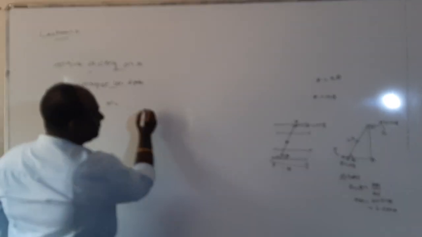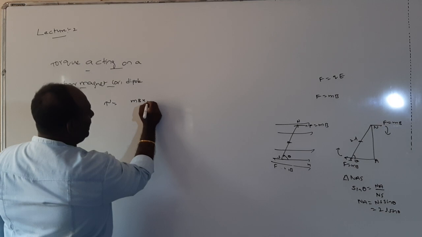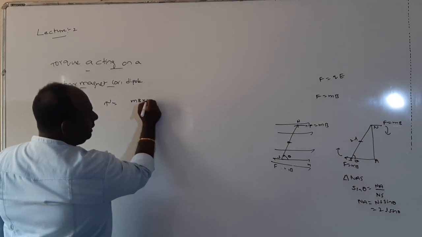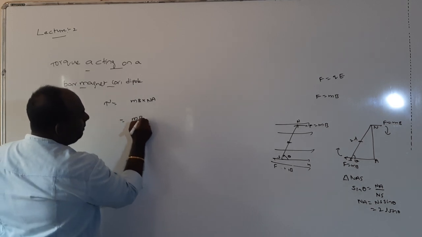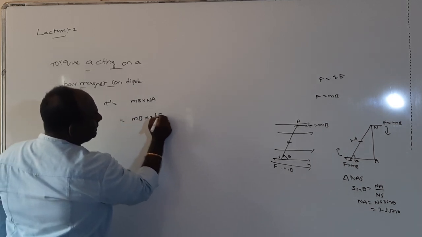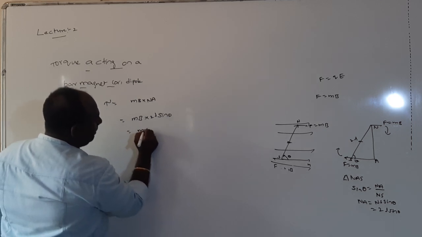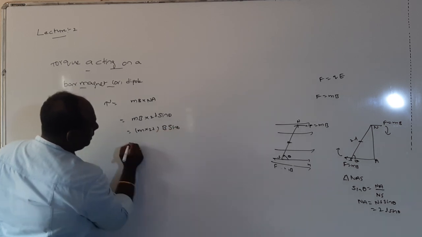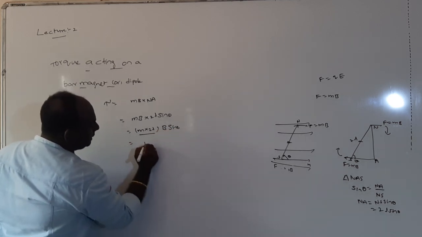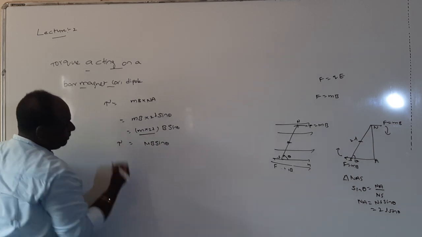So torque tau is equal to either of the forces, m B, into the perpendicular distance NA. Then I get mB into 2L sin theta. I can write this as M into 2L in one form and B sin theta in the other. M into 2L is the magnetic moment. So MB sin theta is the torque tau.